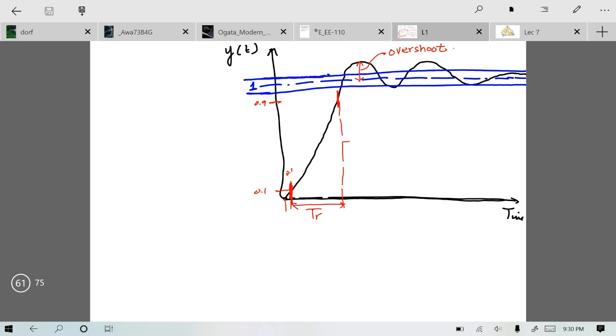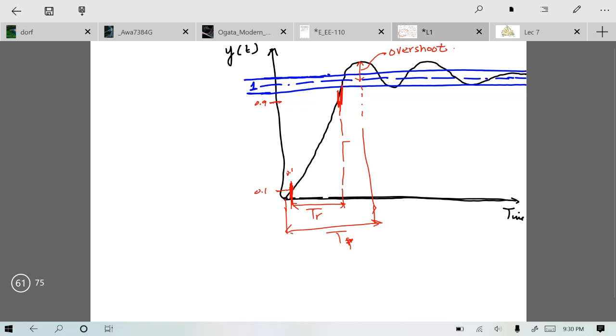Anyways, this is the rise time and this is the peak time. By the way, there are two types of rise times.